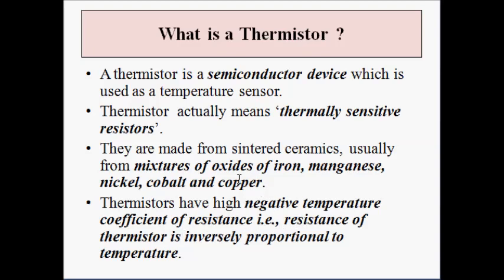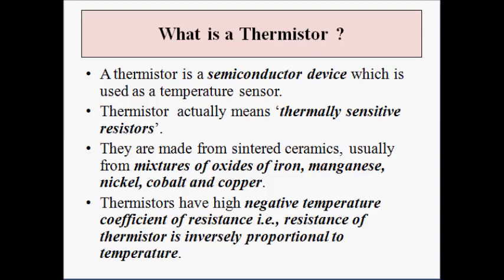When there is an increase in temperature, there is a decrease in resistance. When there is a decrease in temperature, there is an increase in resistance. That's the main operating principle utilized for measurement of temperature using a thermistor.